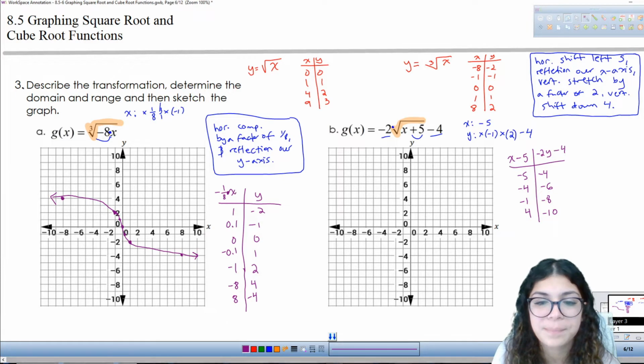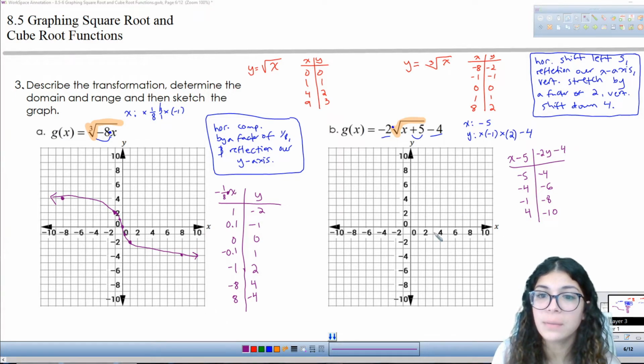All right. Let's go ahead and graph those now. -5, -4, and -4, -6. -1, -8. And 4, -10.